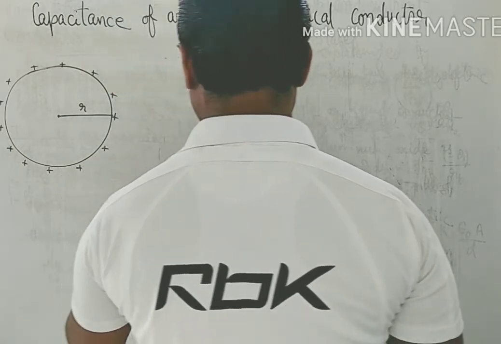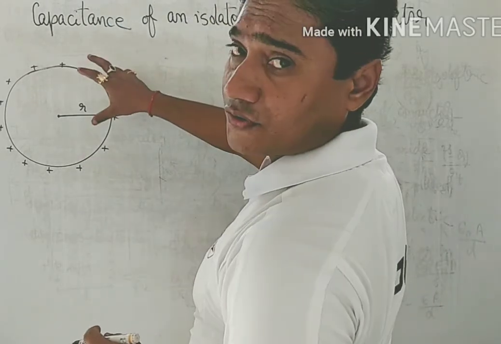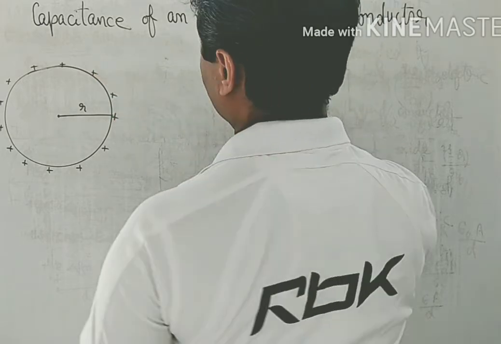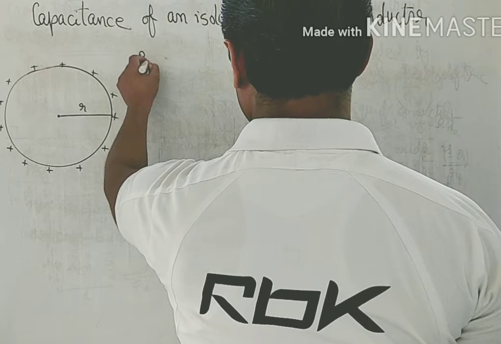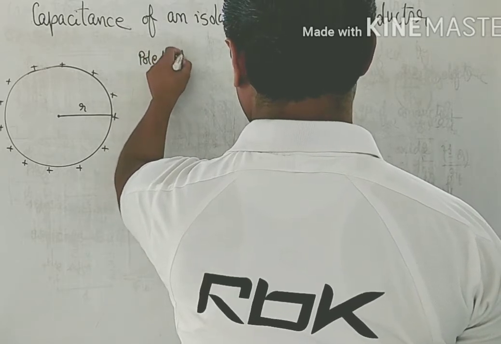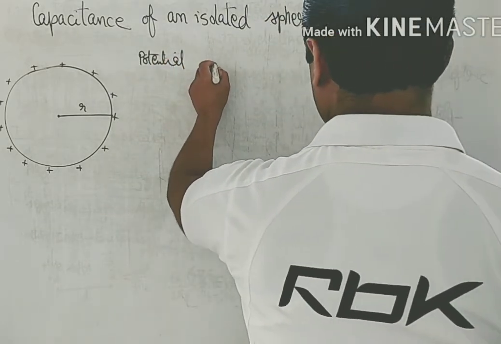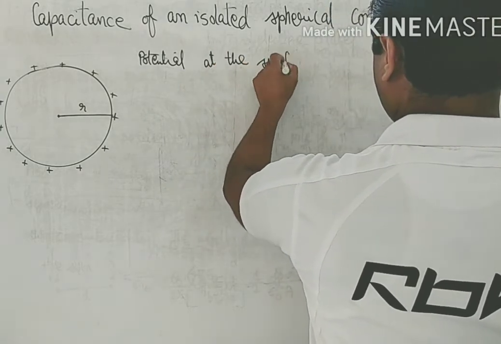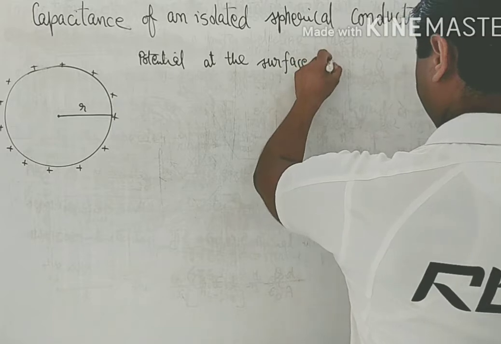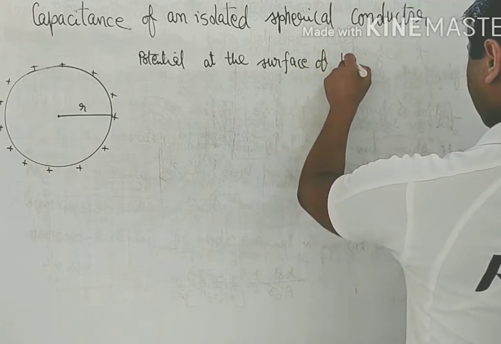Now we can write the potential first at the surface of the sphere.